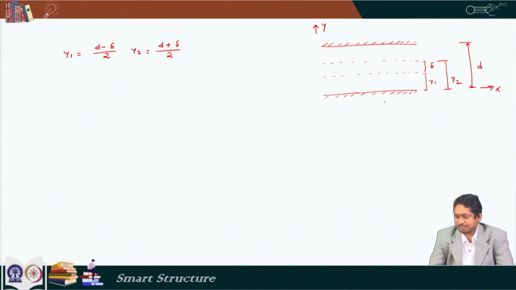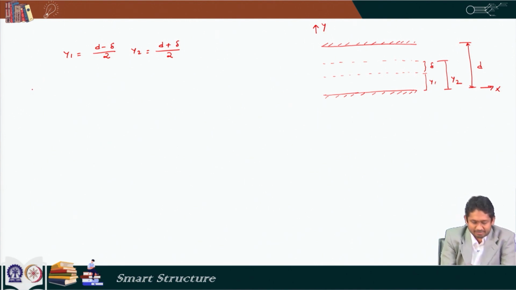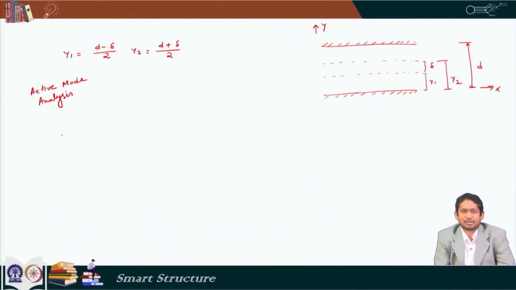This is when the flow is in active mode. So, here we will do active mode analysis only. That means our tau y is non-zero, there is non-zero yield stress because of the non-zero field that is applied.